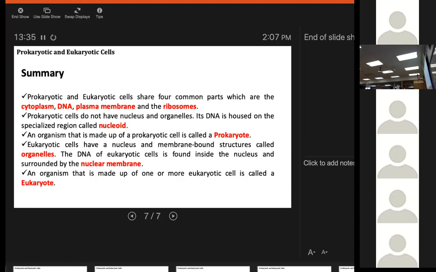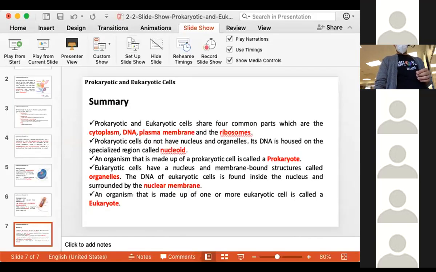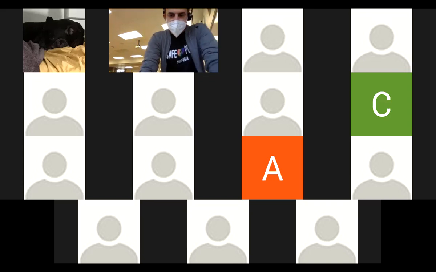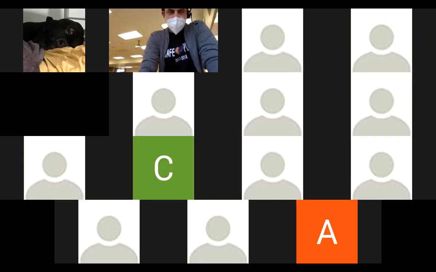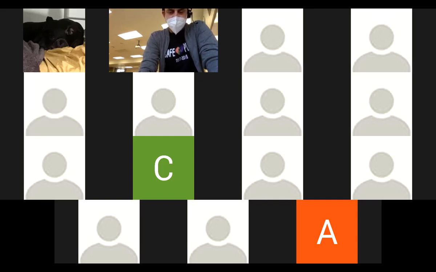Now, the last thing I'm going to show you today is the chart that is in your notes. If you go to Schoology, you should be able to see a document that says guided notes, prokaryotic and eukaryotic cells, guided notes answer key.